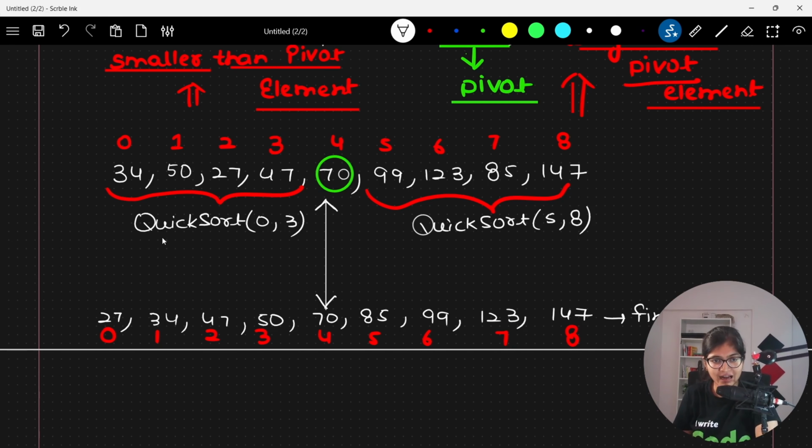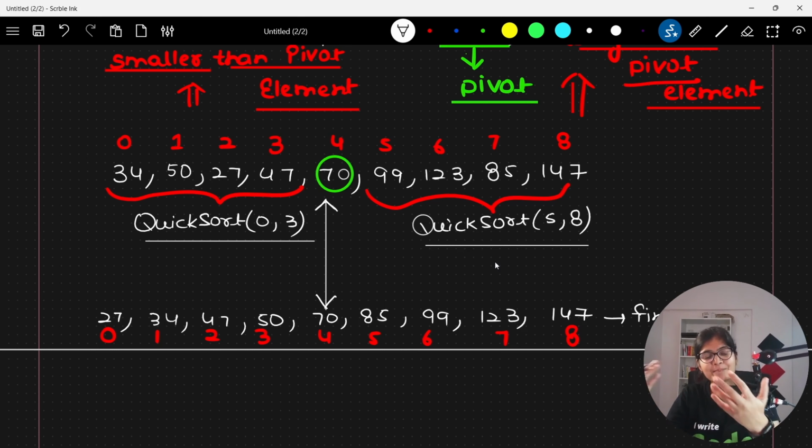We need to do the same task towards the left side and the right side. So there will be two recursive calls, towards the left and towards the right, and the same partition process will apply again on the left part and the right part. And this step will keep on moving.